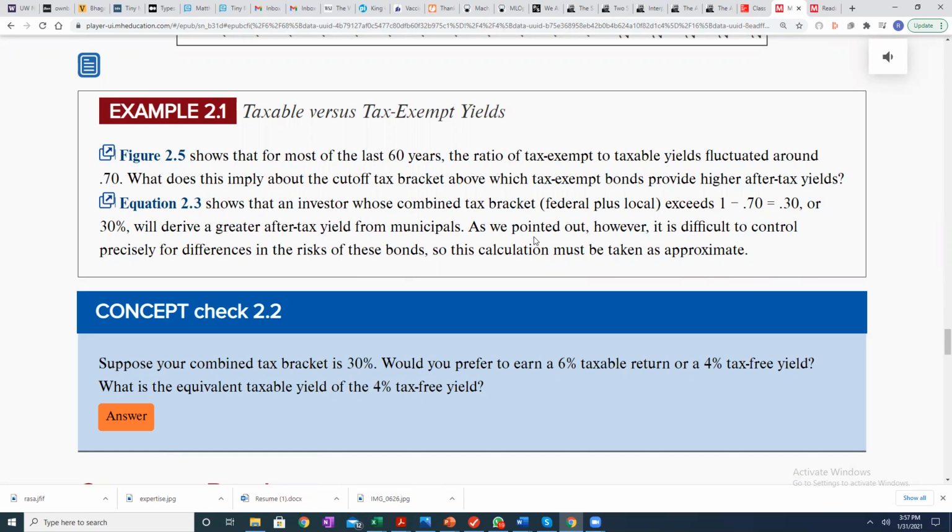An investor whose combined tax rate, federal plus local, exceeds 1 minus 0.7, or 0.3, or 30%, will derive a greater after-tax yield from municipals, which rules out basically the majority of people in America. Very few people are in that 30% tax bracket.